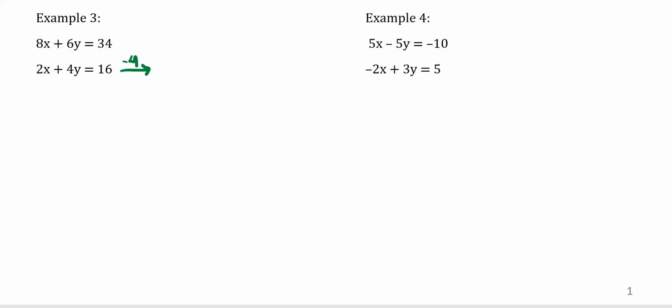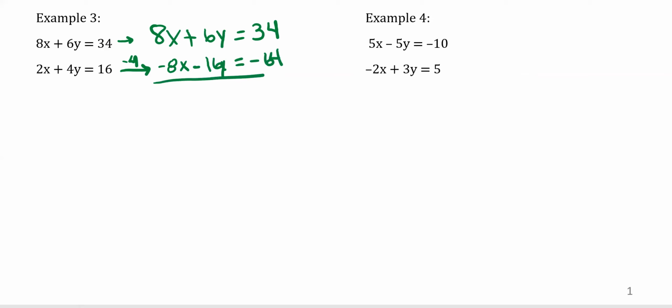Again, this isn't the only way to solve this problem, but for me, it looks the easiest. So I'm going to multiply the second equation by -4. And the whole objective is to be able to add the two equations and eliminate a variable.